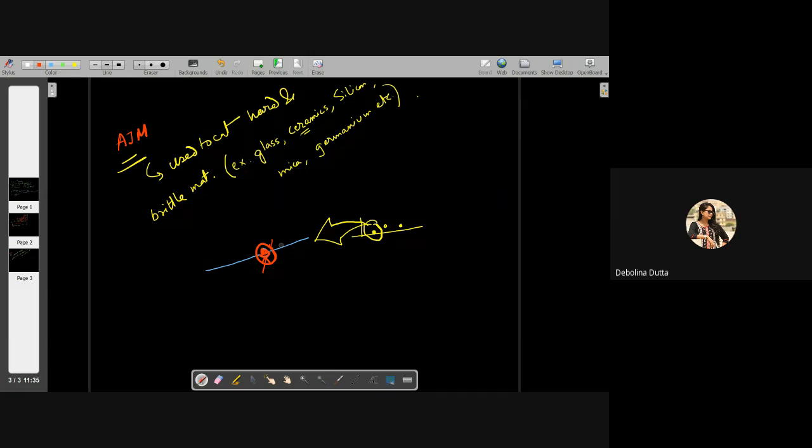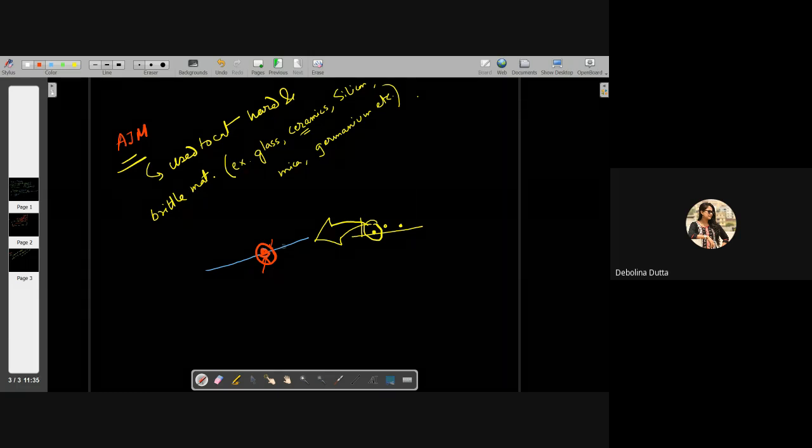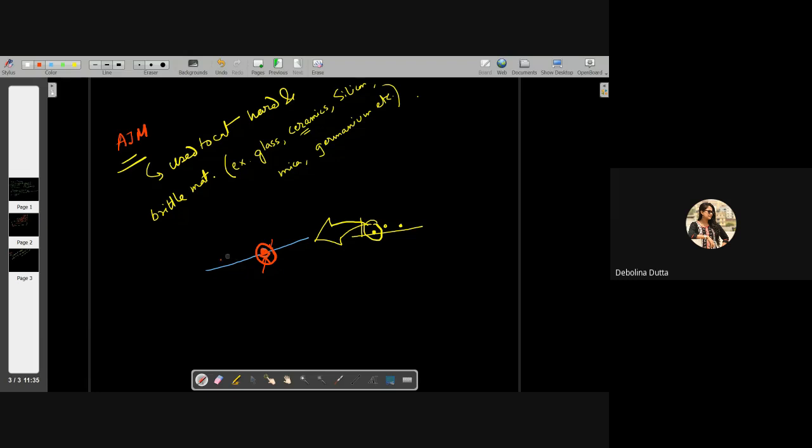So this way, with multiple impacts, now I am talking about one particular grit, but you can understand there are so many grits. Each time a grit hits the workpiece, a very small crater is created for each grit, and eventually, through gradual multiple impacts, we get the machining.